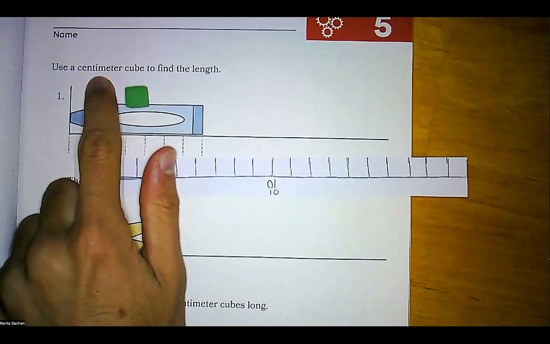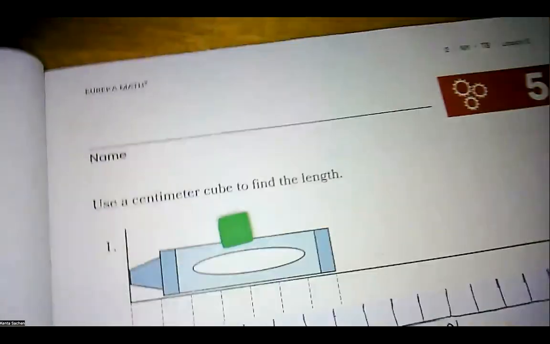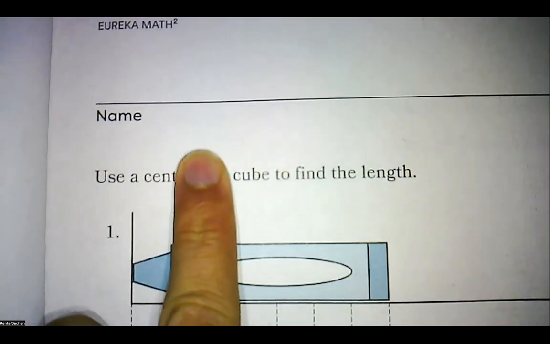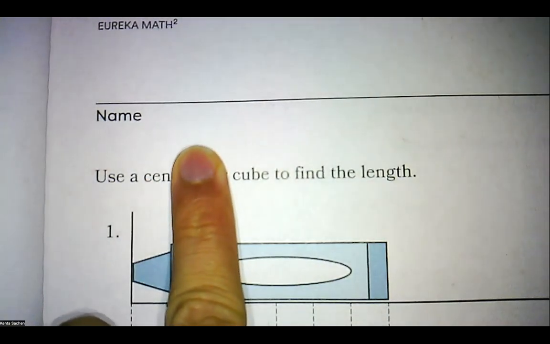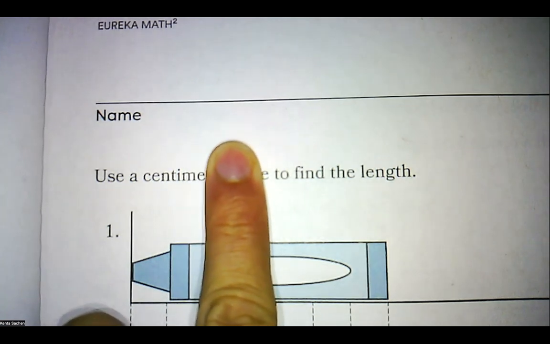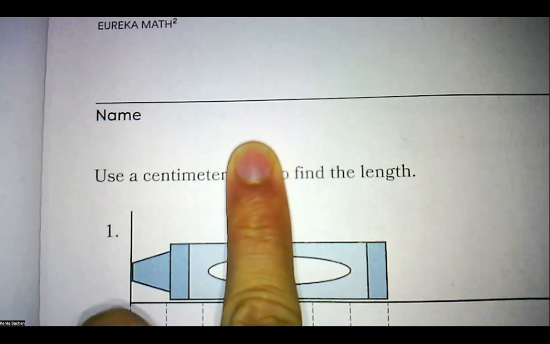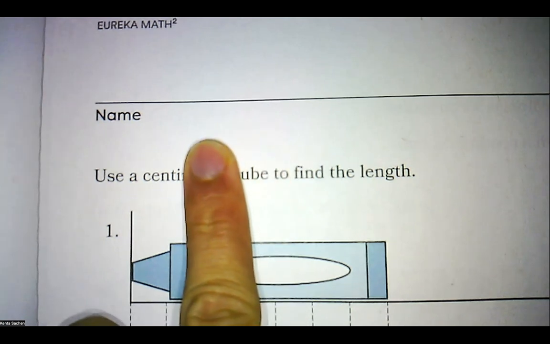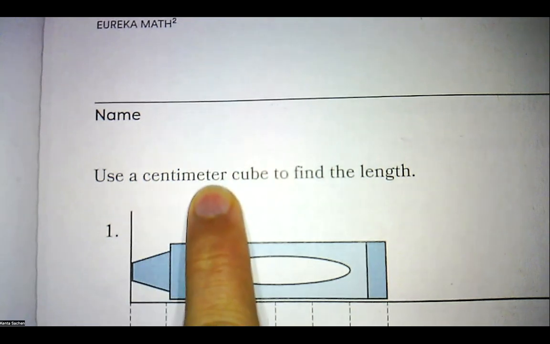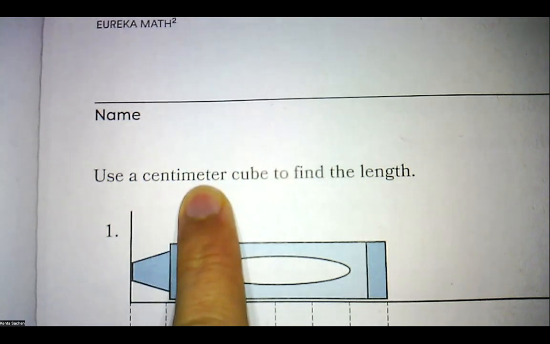Now, a centimeter, the big word, let's read it together. Say it out loud with me. Cen, ti, me, ter. Centimeter. Centimeter. One more time. Centimeter.